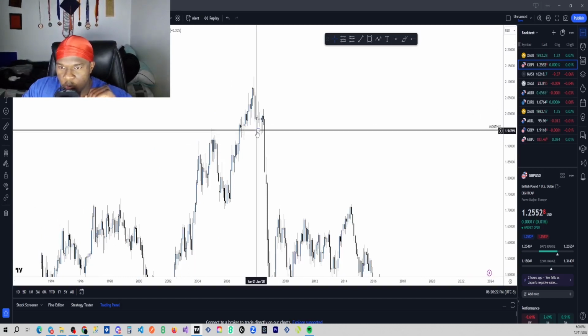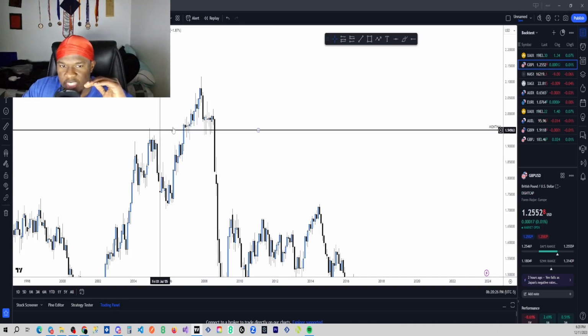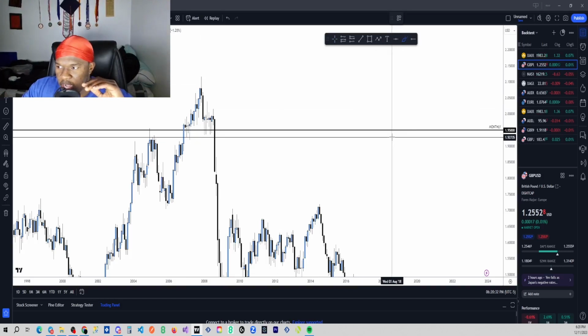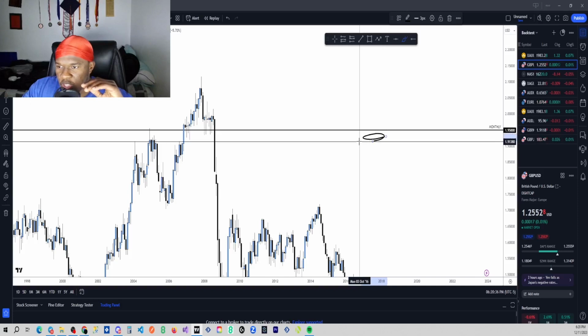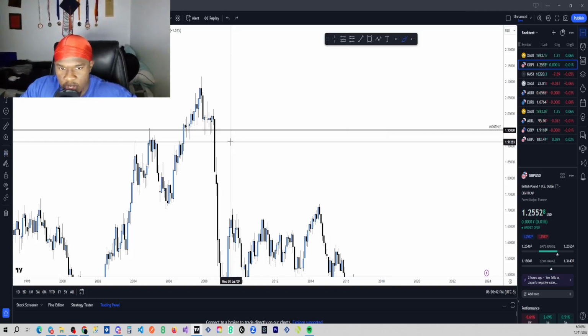So we've got 1.9500, and let's just say price gets up to 1.9500, or even price gets up to 1.9350, somewhere over here. This is still considered 1.9500. You can still consider it 1.9500 if it's close enough to that number.